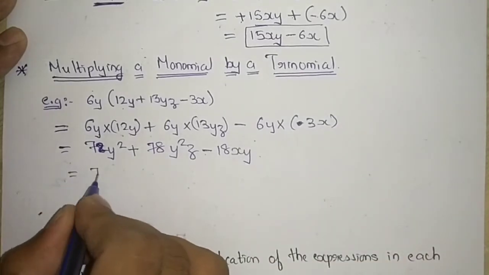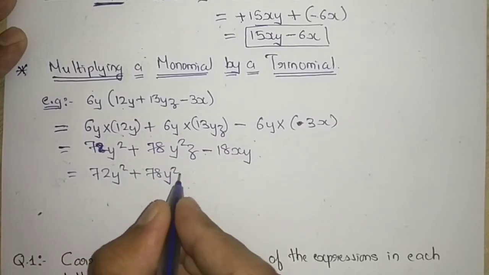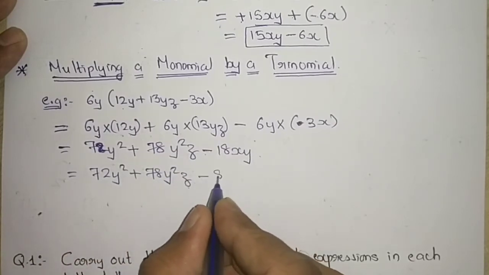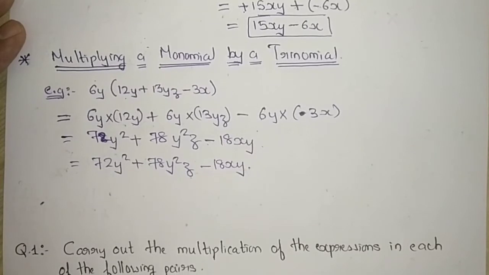So your answer will be 72y square plus 78y square z minus 18xy. Hope you have understood the introduction part.